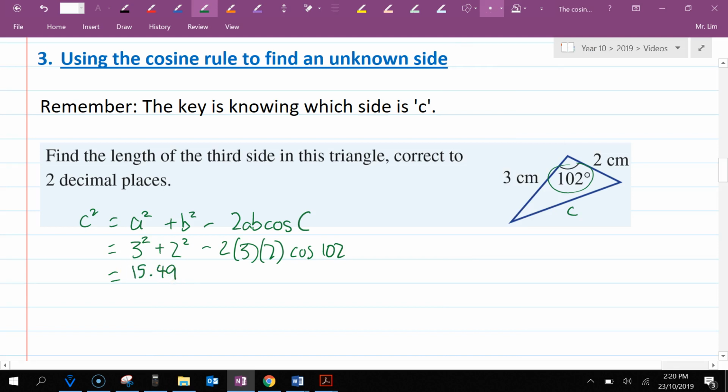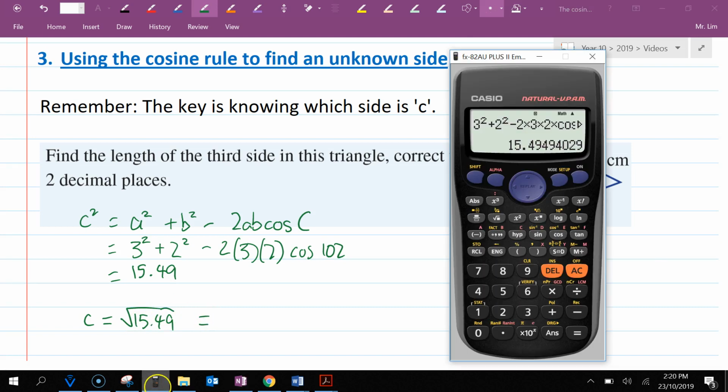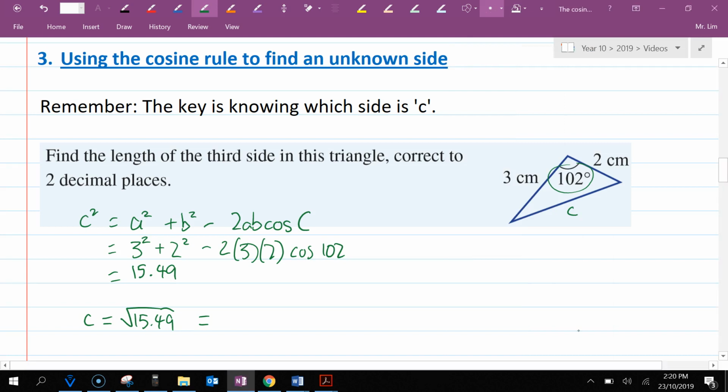But remember, that's c squared, so we need to square root that, which is equal to 3.94 centimeters, because all of these other units are in centimeters.